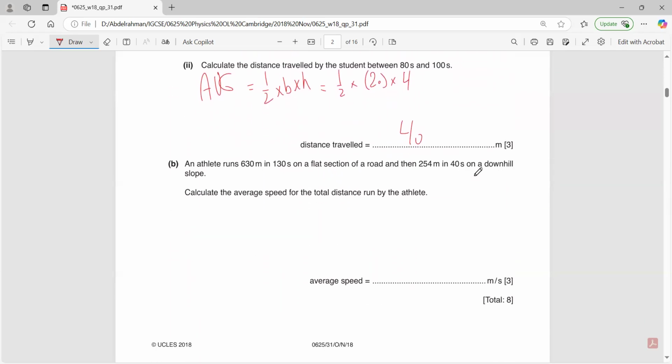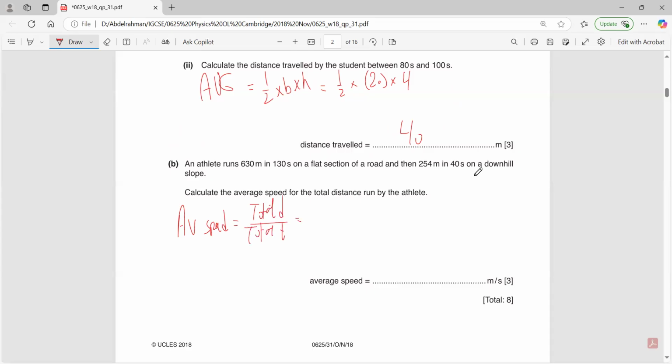An athlete runs 630 meters in 130 seconds on a flat section of road, and then 254 meters in 40 seconds downhill. Calculate the average speed. Average speed equals total distance over total time.